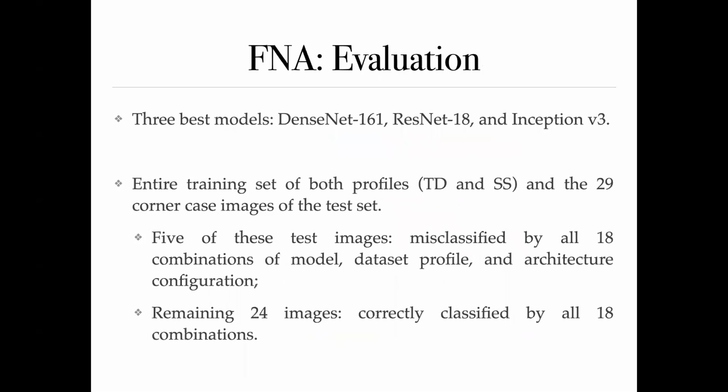To evaluate our technique, FNA, we consider the 3 best models, the entire training set of both profiles, and the 29 corner case images of the test set. 5 of these test images were misclassified by all 18 combinations of model, dataset profile, and architecture configuration. The remaining 24 images were correctly classified by all combinations.